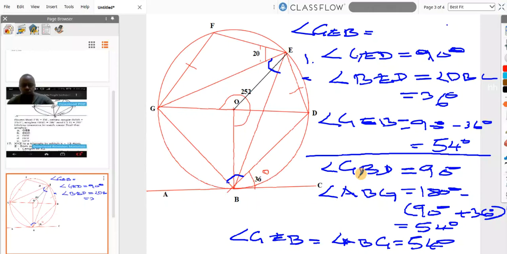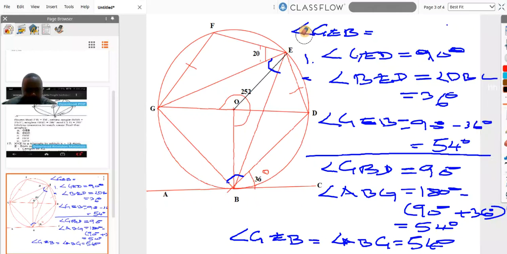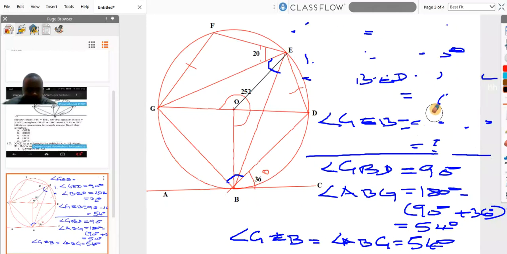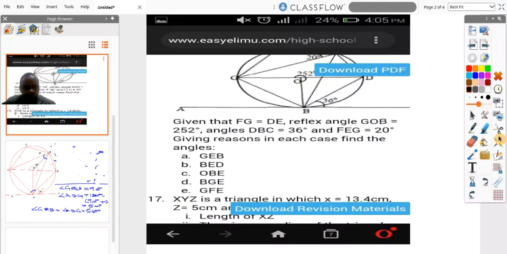Now for question B, we are trying to find angle BED.